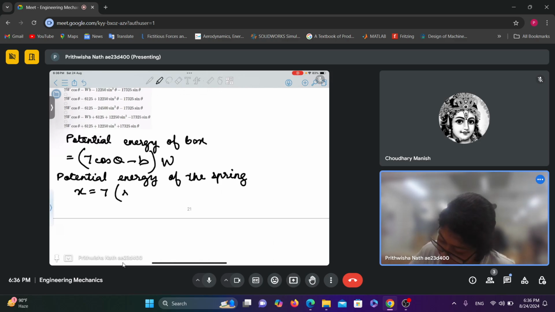So x will be 7 (sine theta minus sine 45 degree).